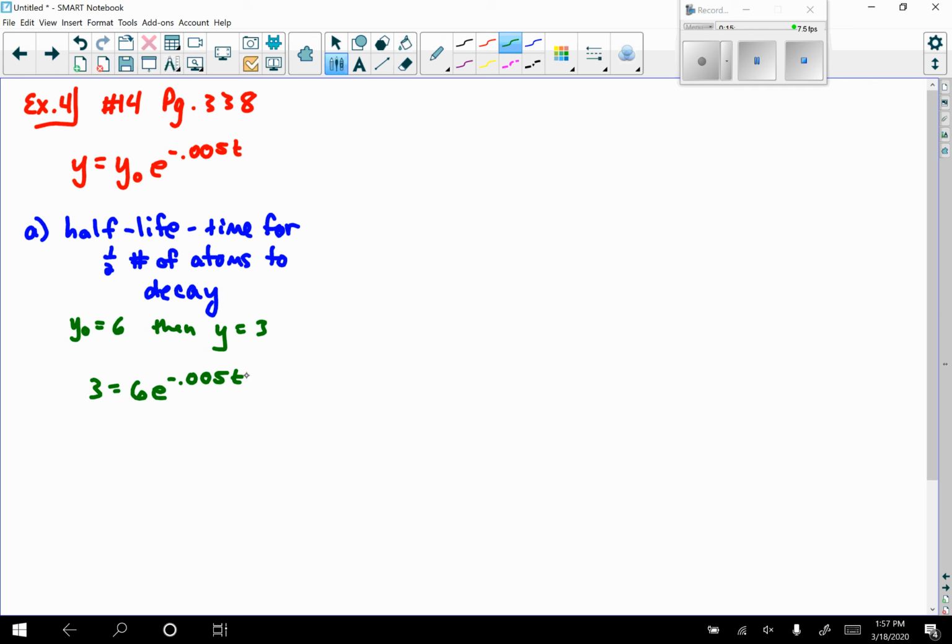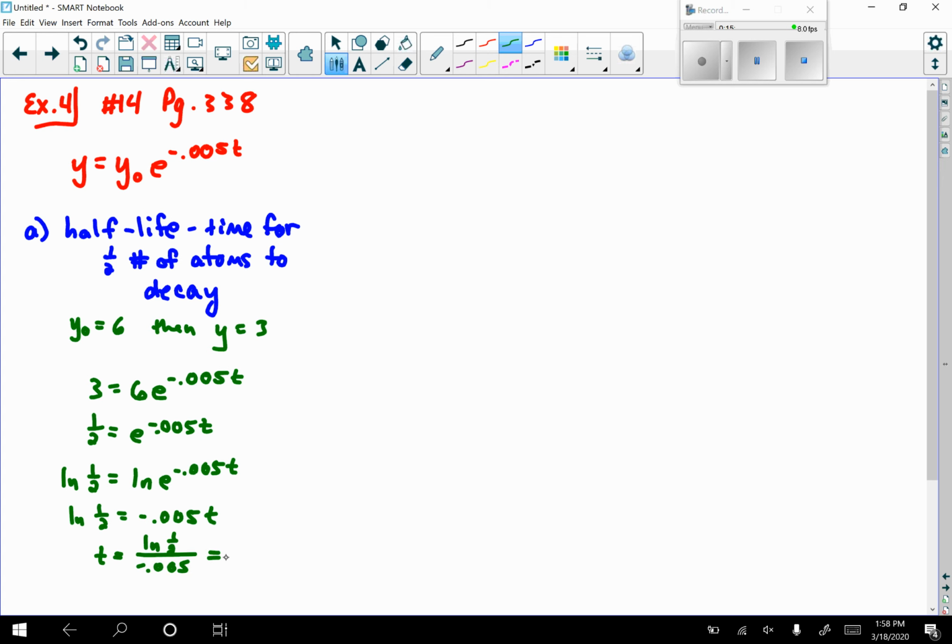We could have used a 1 and a 1/2, and that's what this is going to simplify to, because as soon as I divide both sides by 6, we get 1/2 equals e to the negative 0.005t. Take the natural log of each side. So then we get the natural log of 1/2 is equal to negative 0.005t. So t is going to equal the natural log of 1/2 divided by negative 0.005.